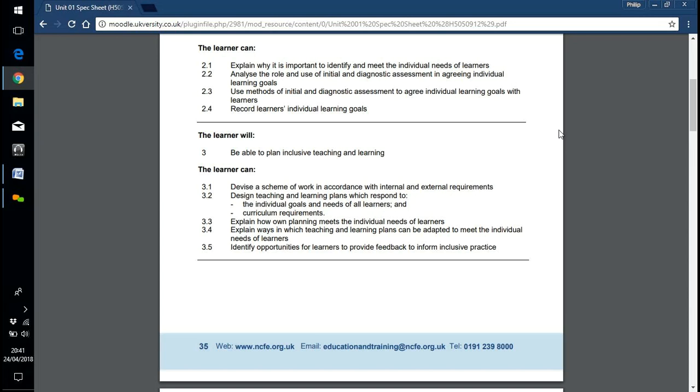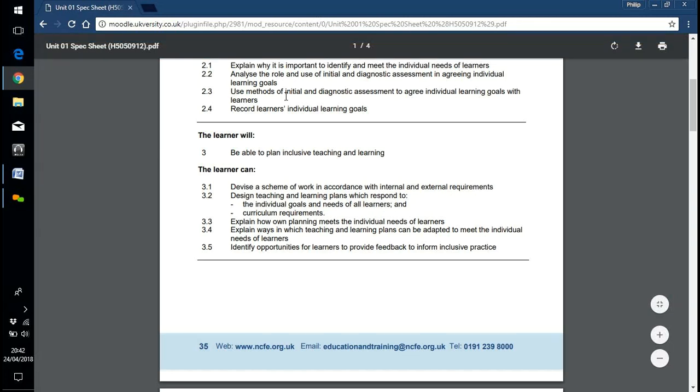Got a question. On the LO2, I was working from the assignment sheet that breaks it down. On 2.3 and 2.4, it says you put the ILP. You mean the individual learning plan? Yeah, the individual learning plan is 2.4.